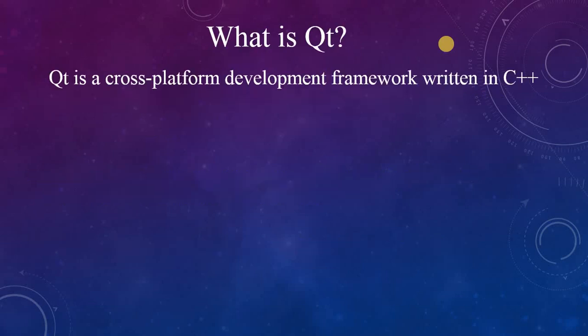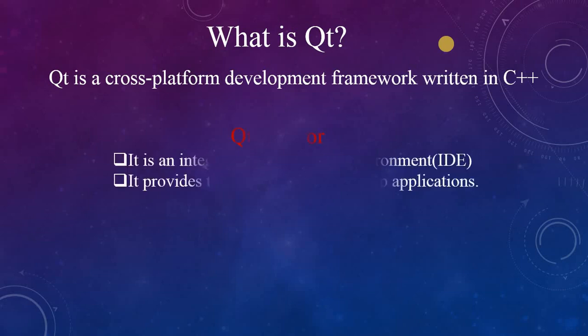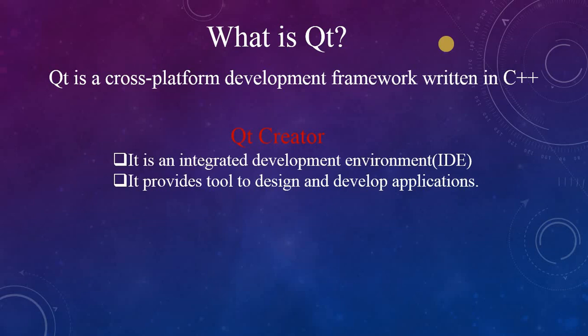And one of the open source toolkits we'll use is called Qt, and here you have to write the program in C++. So you need to download a program called Qt Creator, an integrated development environment, where you can create a project and put your C++ files underneath and develop applications.